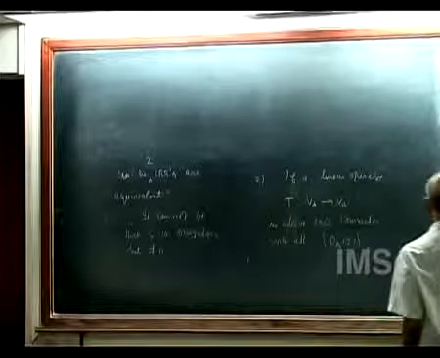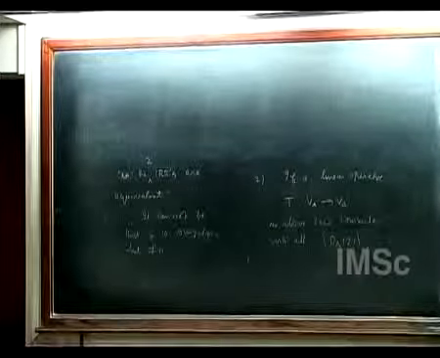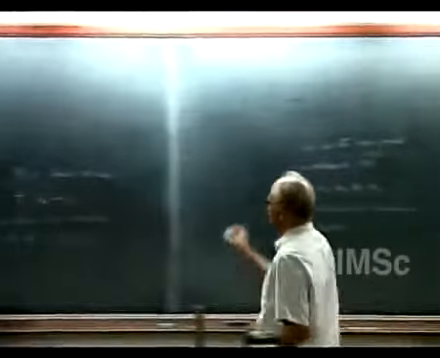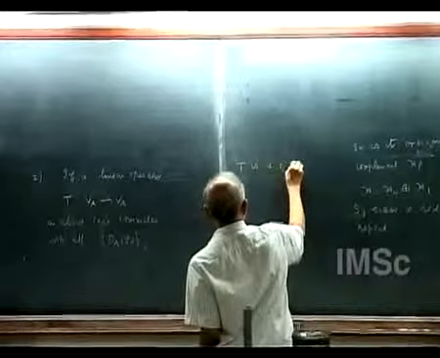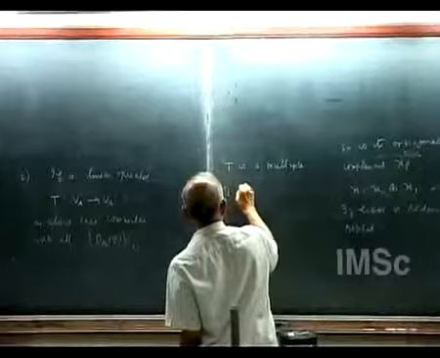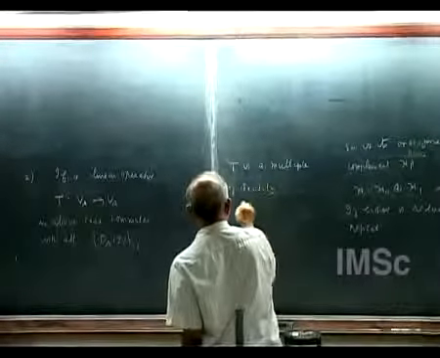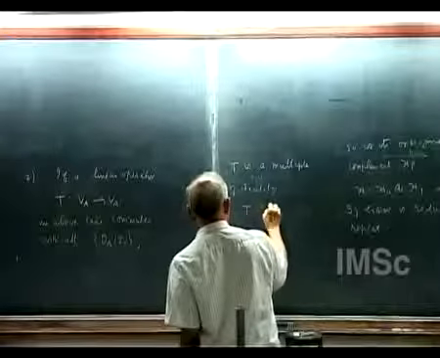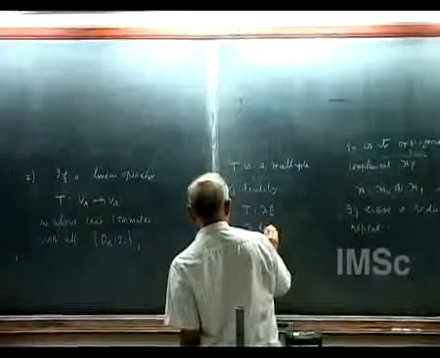So suppose I have specialized into the case where the domain and the range are the same. What will happen is T is a multiple of the identity. That is, T is of the form lambda times identity, lambda some fixed number.